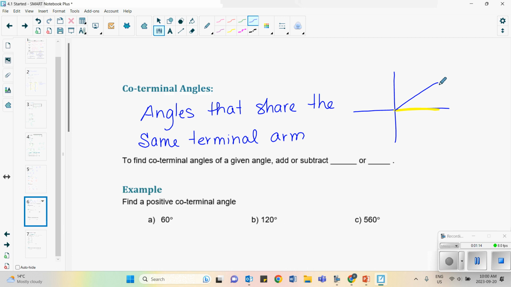So let's say that angle is 30. Looks more like 45, but I'm going to say it's 30. So we know from our initial arm to our terminal arm, that's 30 degrees.